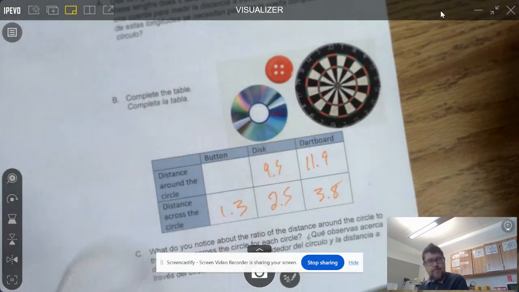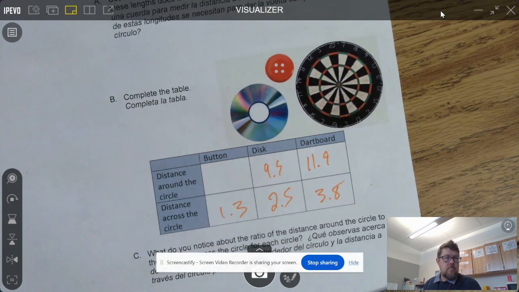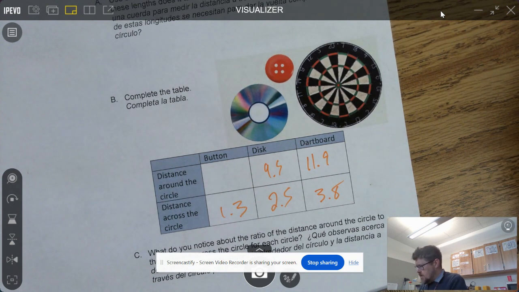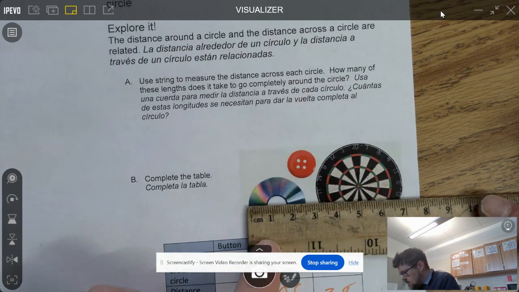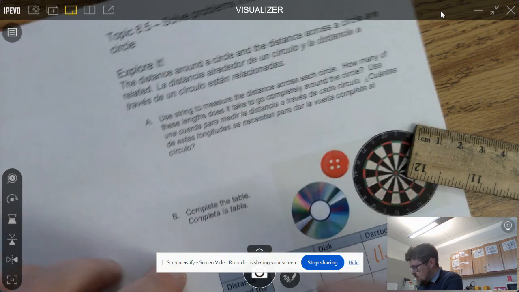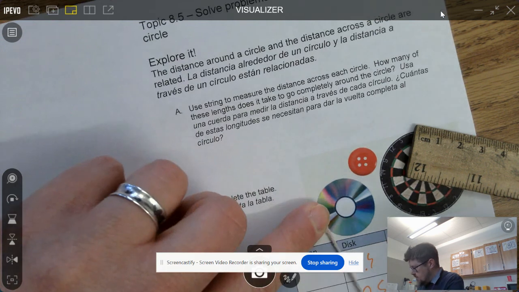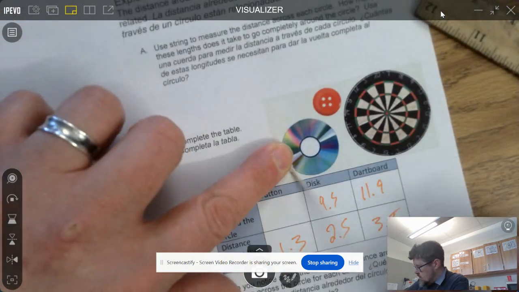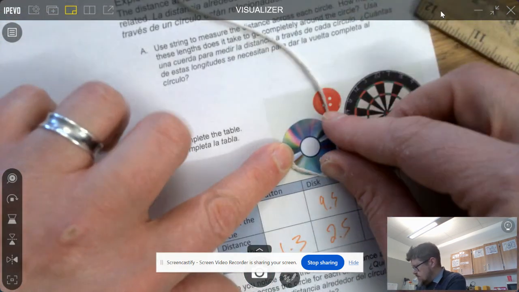Let me double check. Let me do the measurement on that again. Okay. It's about 2.5. Yeah, that's about right. Let me do the measurement on the disk again. So I think 9.5 sounds too long. Let's really tighten this up.